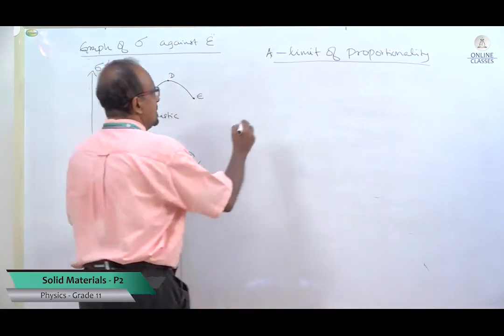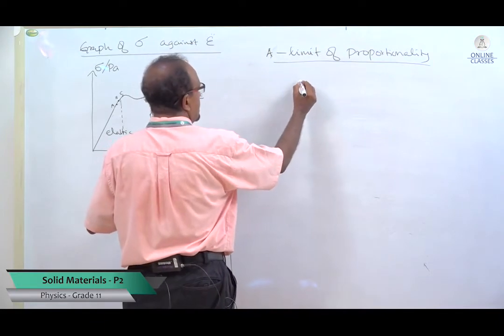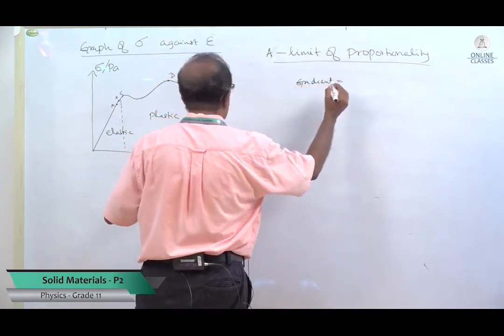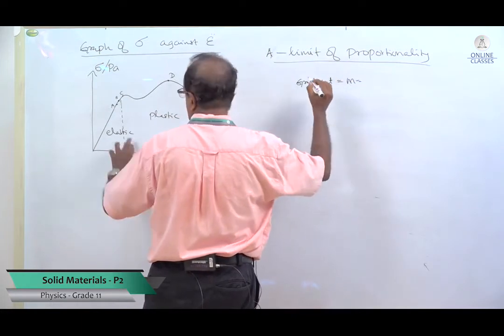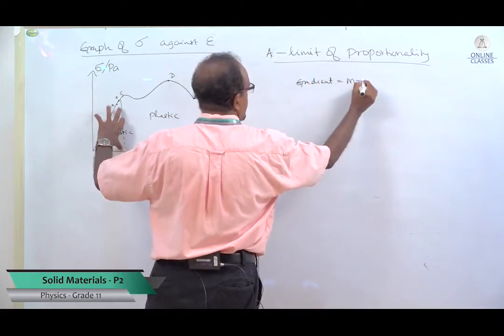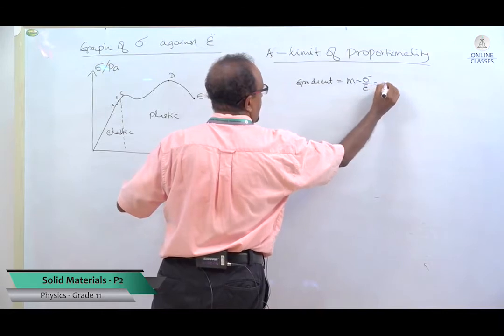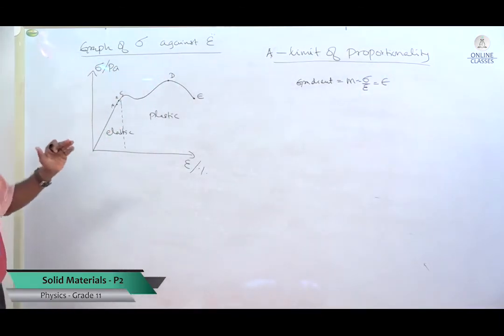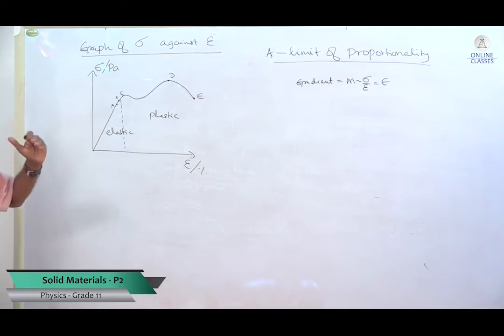So that means for the straight line part, if you calculate the gradient of this straight line, the gradient will be equal to stress divided by strain, and that is Young modulus. So up to the straight line, the gradient is equal to Young modulus. There are many past paper questions asking this, so we have to select the straight line part and find the gradient.